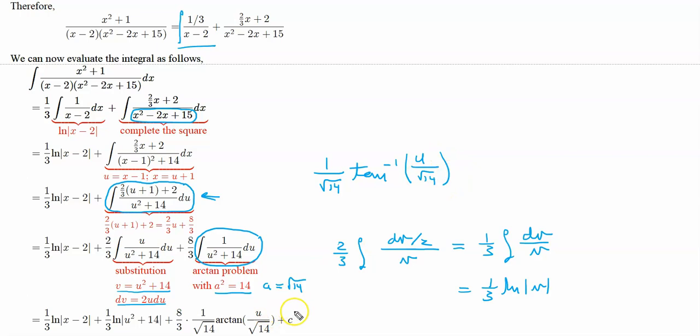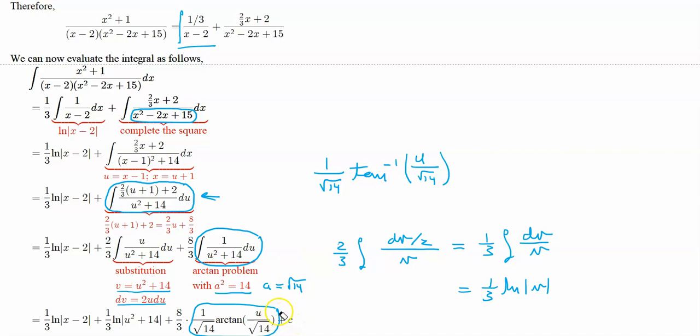And so that's what we have right here. And then we have the 8/3 also. So you see 8/3 times all of that. So right there, that's the integral part that I have circled right here. You have your constant of integration also.